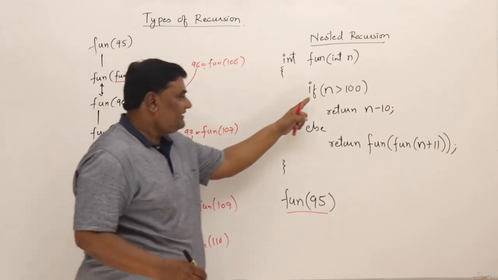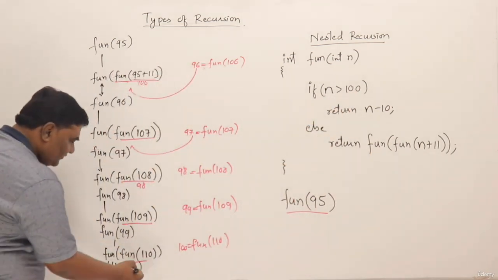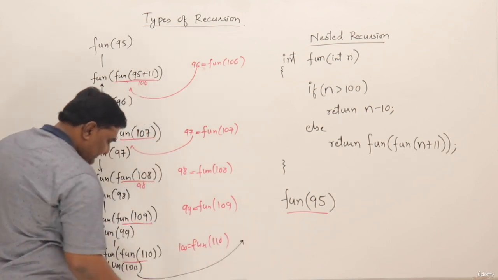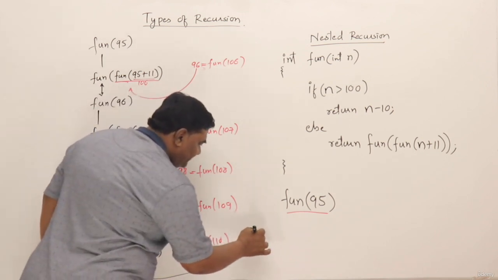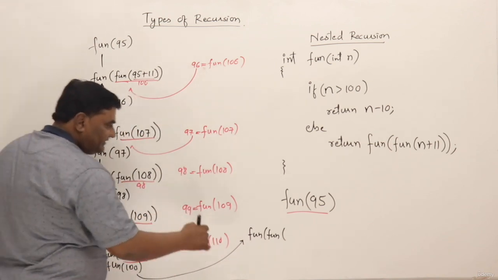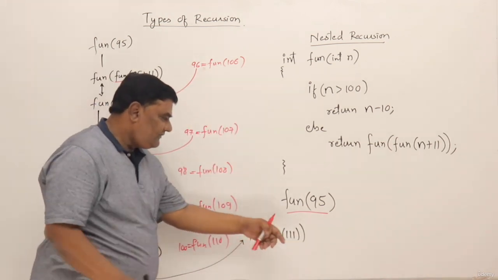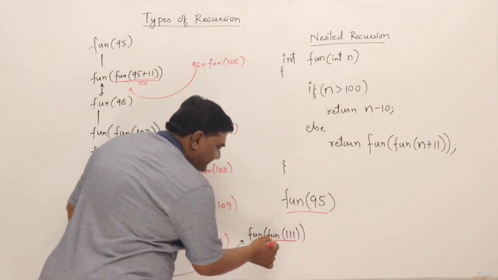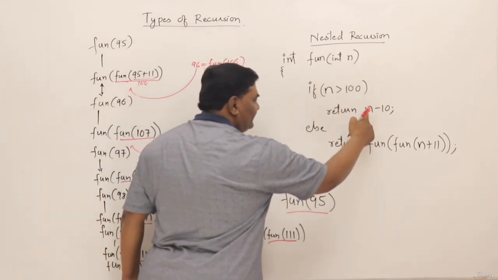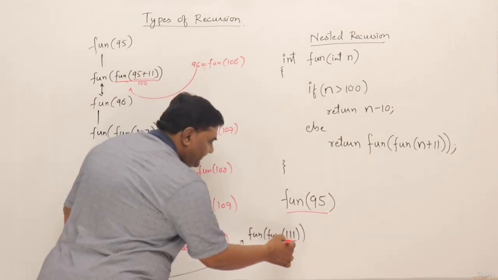Now fun of 100 is not greater than 100. So it will enter into this part. So I have to continue here. So this becomes fun of 100 plus 11. So this is 111. Now fun of 111, this is greater than 100. So this is 111 minus 10. So this becomes 101.